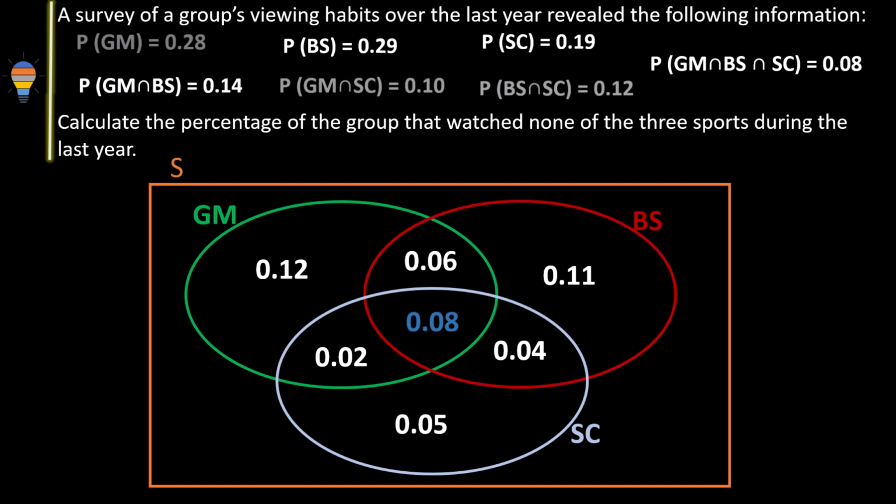Now we need to find the probability of the region outside of the circles. How do we find the probability of the outside of the circles? We know probability of the sample space is 1. So 1 minus whatever we have in the circles. So probabilities in the circles are 0.48. So 1 minus 0.48 is 0.52.